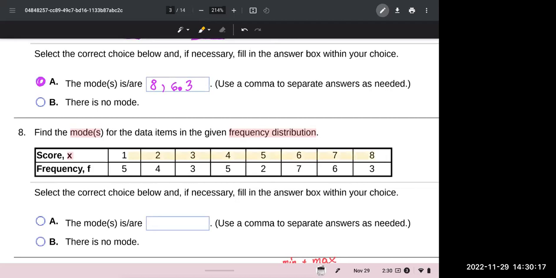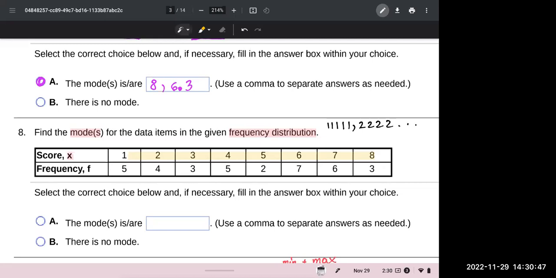Frequency only tells you how many times each number repeats. We use the frequency distribution table just as a shortcut. For x equal 1, the frequency is 5, that means the number 1 repeats 5 times. x equal 2 has frequency 4, that means we have 4 twos. So the table is just a shortcut.